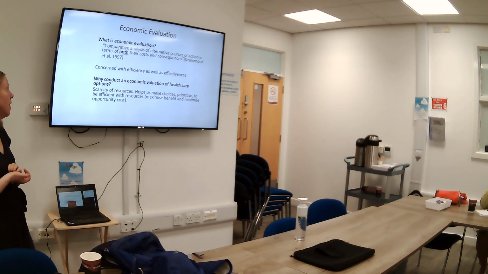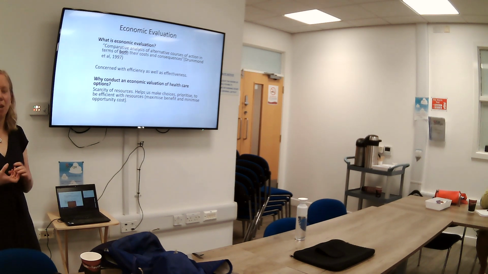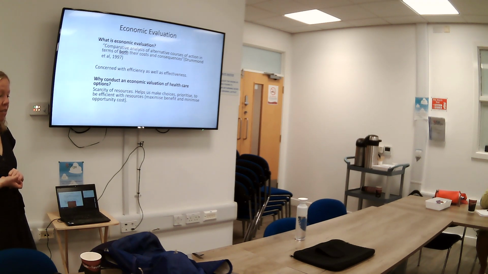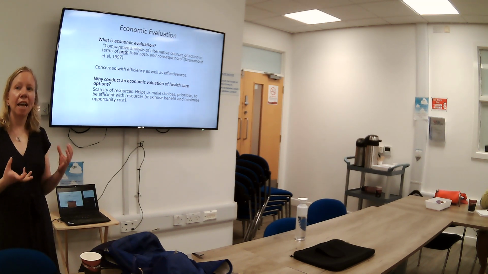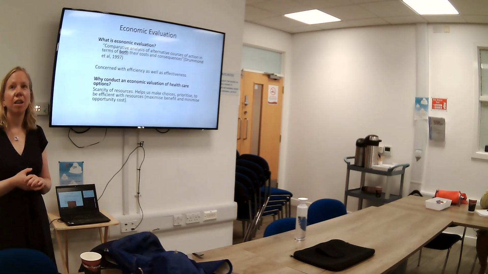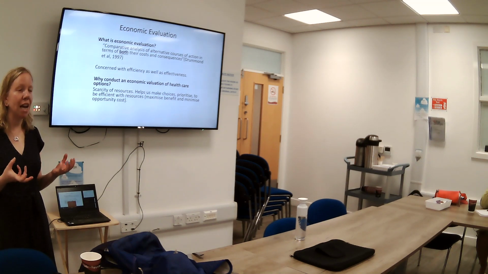And it's concerned with efficiency as well as effectiveness. Effectiveness means how it changes people's outcomes. And efficiency means, does it do it in a way that doesn't cost loads and loads of money compared to standard treatment. Both of those are really important, because a lot of times, an example is when you have really intense interventions for people with complex needs or families with complex needs, that those work.